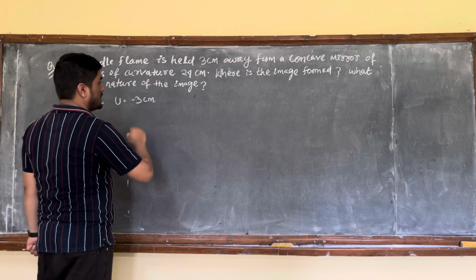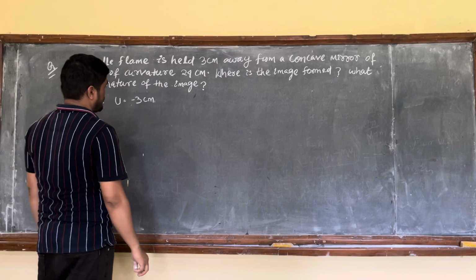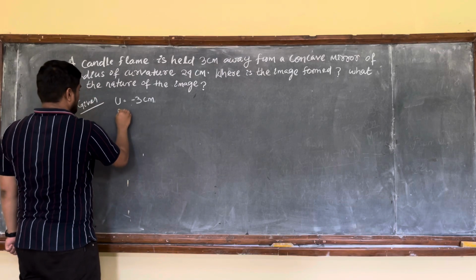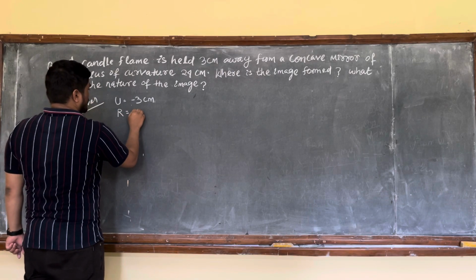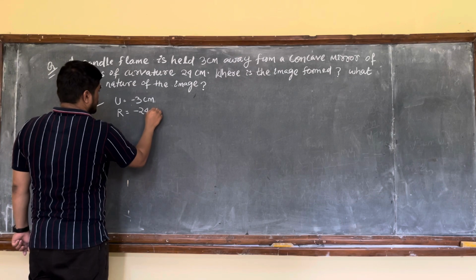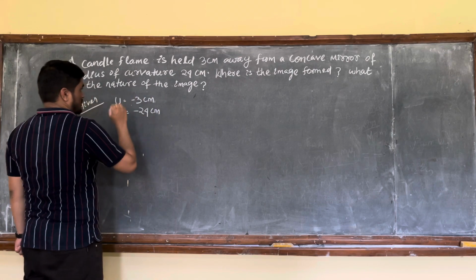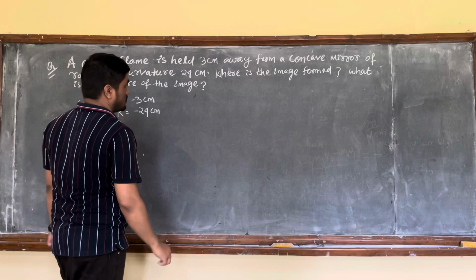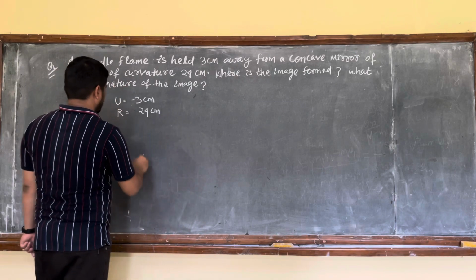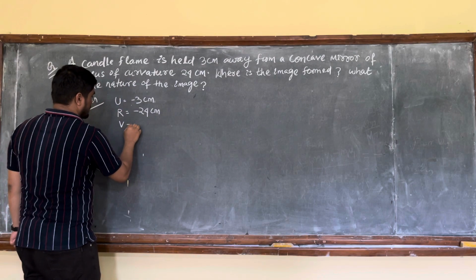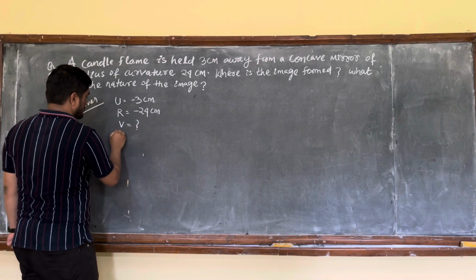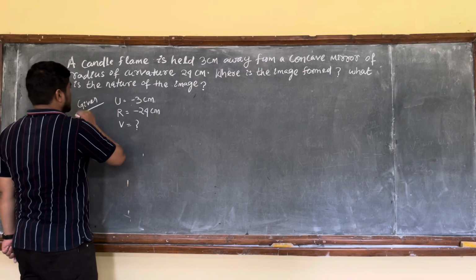For a concave mirror, the radius of curvature is negative. So the radius of curvature r is minus 24 centimeter, and you have to find out where the image forms, that means the image distance, and the nature of the image formed.